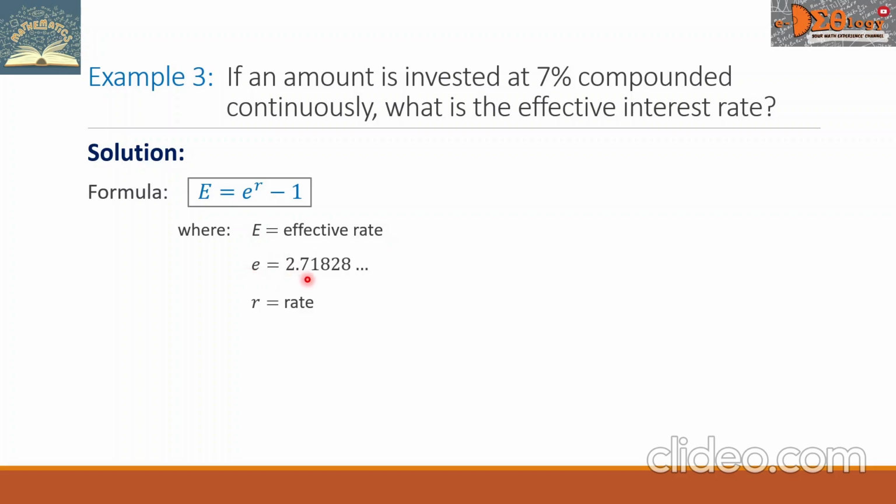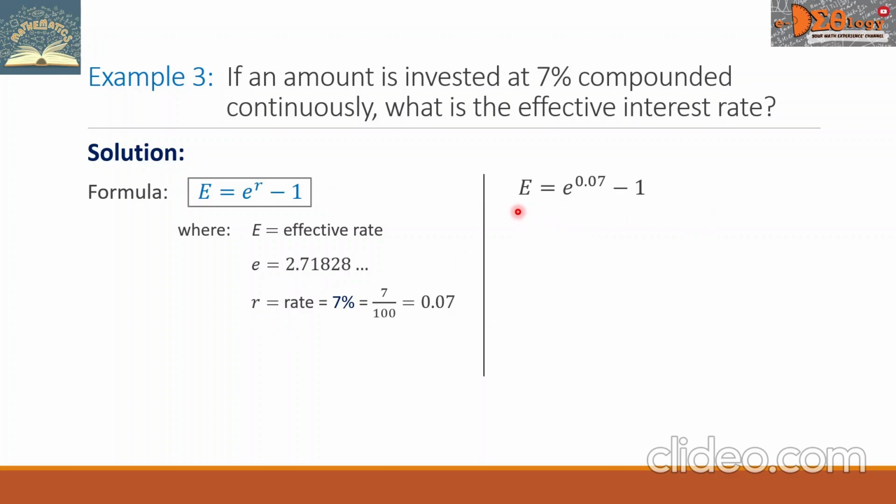Small e is the constant 2.71828 and so on, and the r is the rate. Given our rate here as 7%, we can show this as 7 over 100, and finally in decimal this is 0.07. We will now substitute this value of r in our formula.